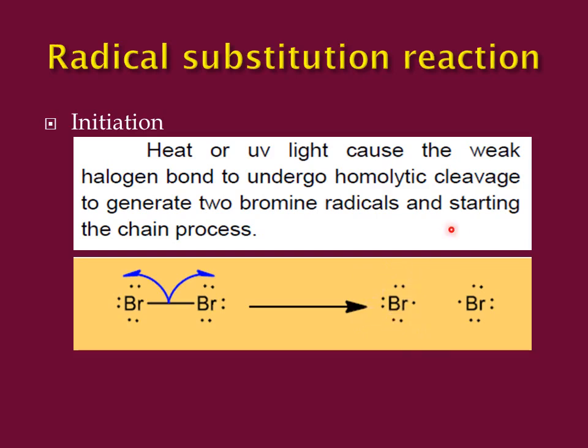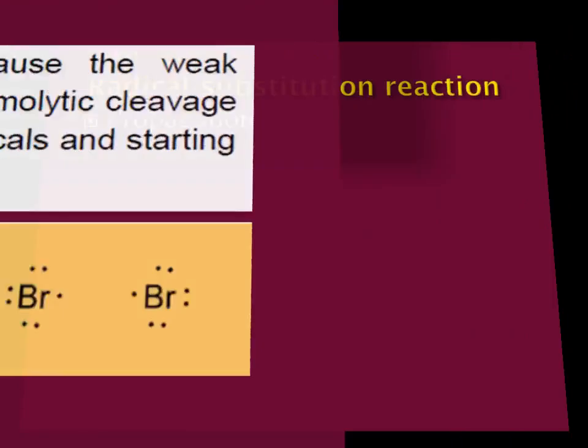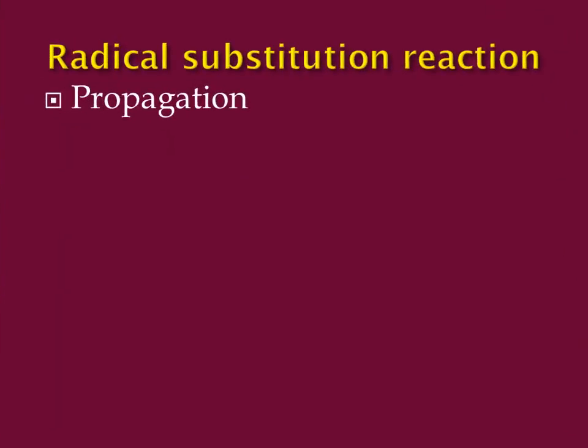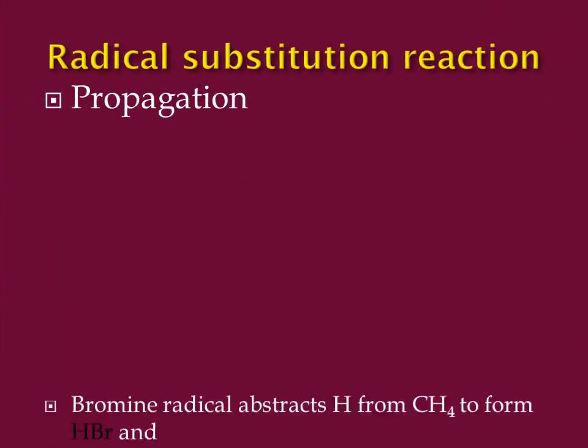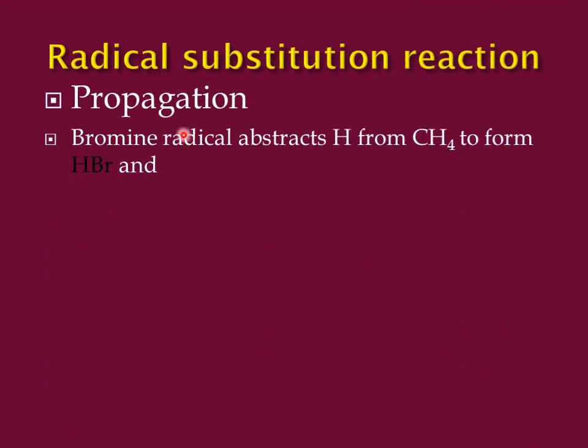The second step after initiation is propagation, in which the bromine radical which was formed in the initiation step abstracts a hydrogen from methane to form HBr and a methyl radical. This methyl radical that is formed is going to abstract a bromine atom from a bromine molecule.